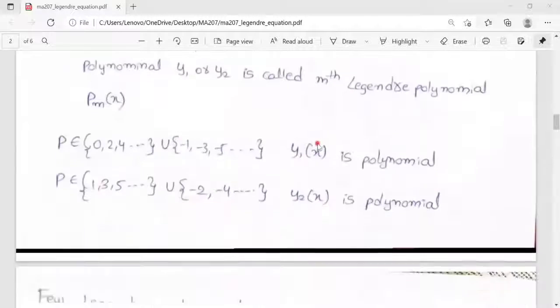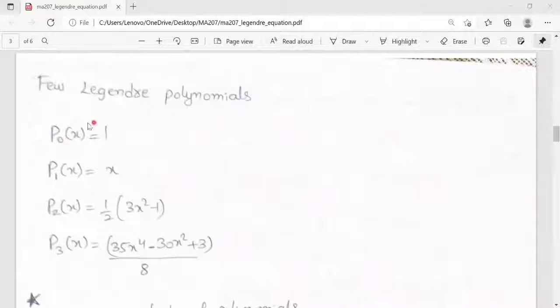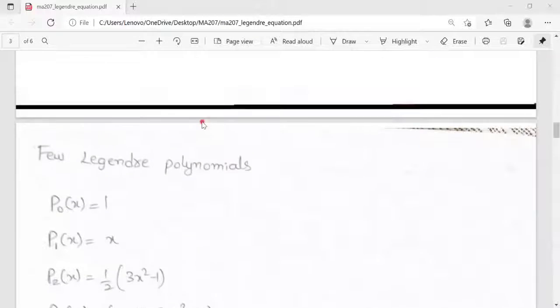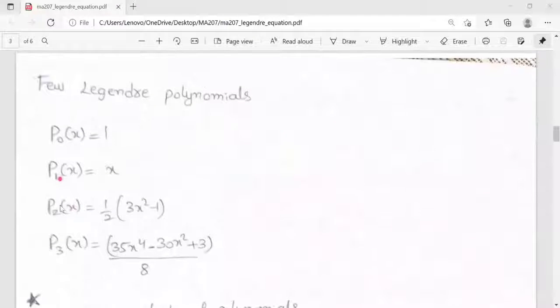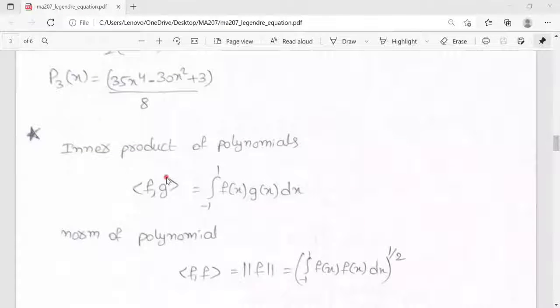We will consider only finite polynomials. We will find the coefficient by setting P of x at x equal to 1 to be 1, and we can find the Legendre polynomials by using the formula. We will discuss the significance of this Legendre equation.